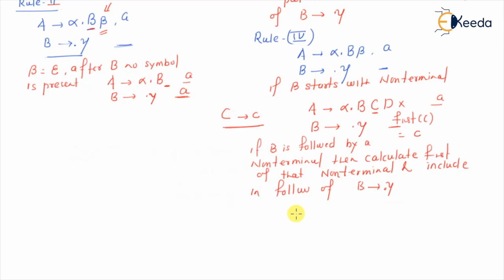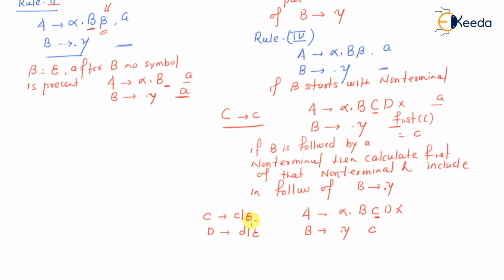So now I'm writing the same situation to explain that A derives alpha dot B C D and X, and I have productions like C derives small c or epsilon, D derives small d or epsilon. This is a small x, it may look like a big X, but it is a small x. Now I have to calculate first of C, so I will add here, by the extension rule, C derives c, so I will write c.